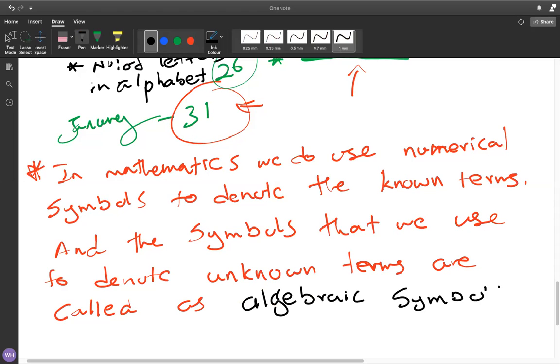Some of you say algebraic. Anyhow, what do you call them, Rifki? Algebraic symbols. Okay, Nikini, what do you call them? Algebraic symbols. Okay, good. Write it, and if you have another color you can highlight it. Algebraic symbols.